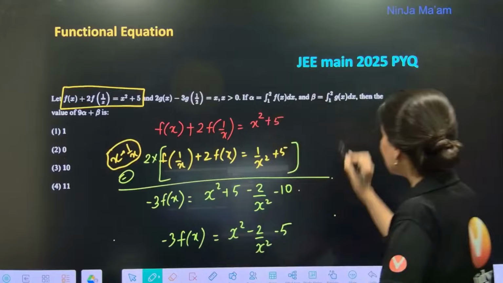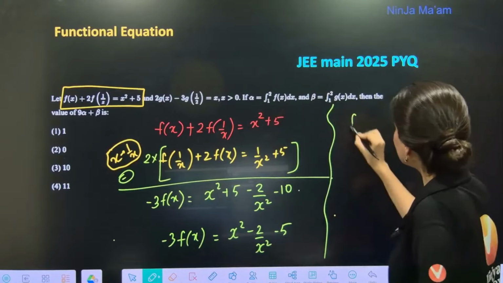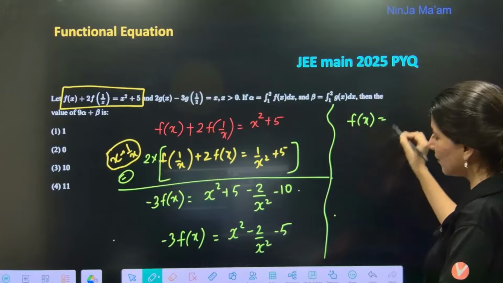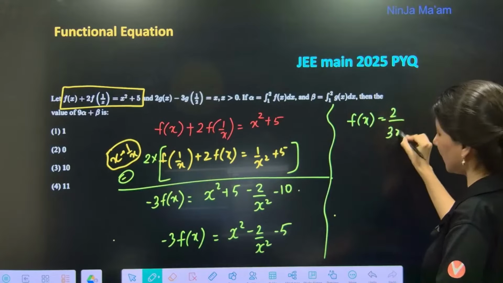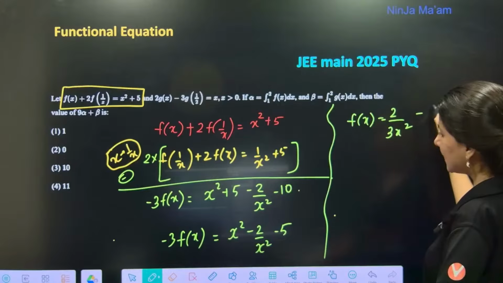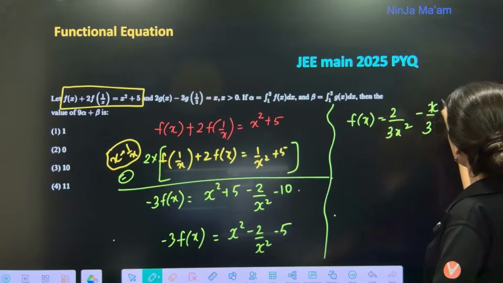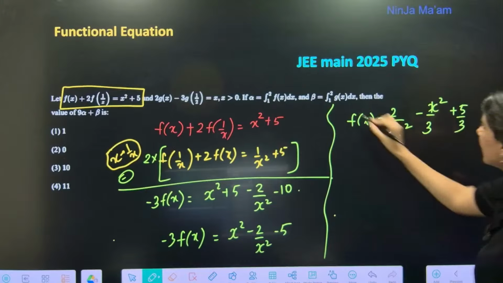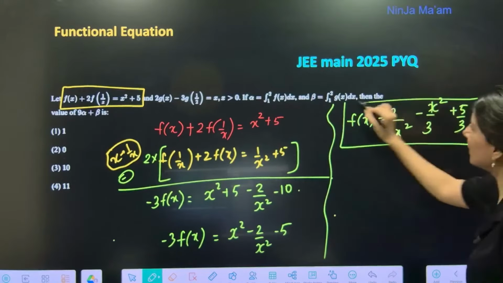If you divide by minus 3, what will you get? 2 by 3x square, minus x square by 3, and then plus 5 by 3. This is what your f of x will look like.